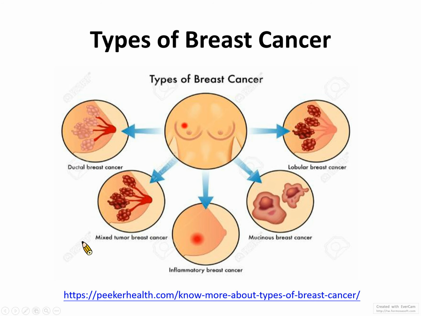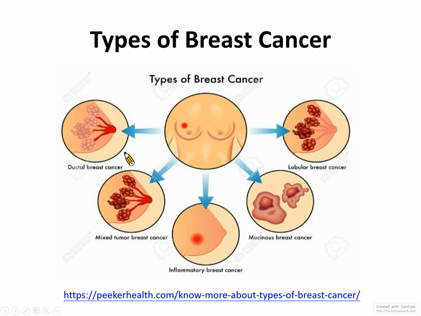Breast cancer is a very common tumor for women. There are several types of breast cancer, but the two most common types are ductal breast cancer and lobular breast cancer. There are also other breast cancers, which are the mucinous, inflammatory or mixed tumor breast cancers. But the most common types are the ductal and lobular.